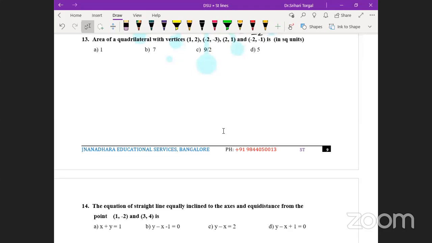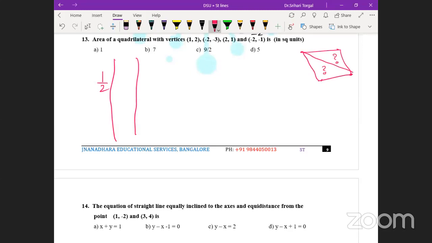Yes, what is the answer for question number 13? You need to write the points one by one. For a quadrilateral, you used to take like this, right? Find out this area and this area separately and add these two.